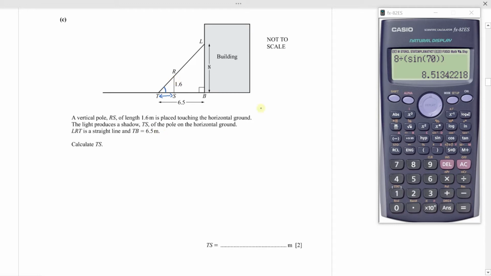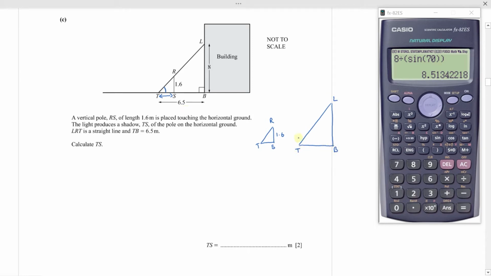So let me draw these separately so that it's easier to understand. This is the smaller triangle, RTS. This is 1.6. And then this larger triangle here, let me draw this as well. This is LTB.